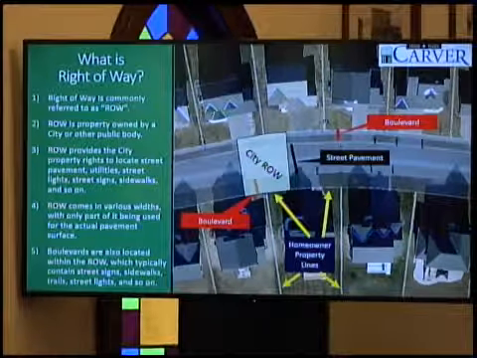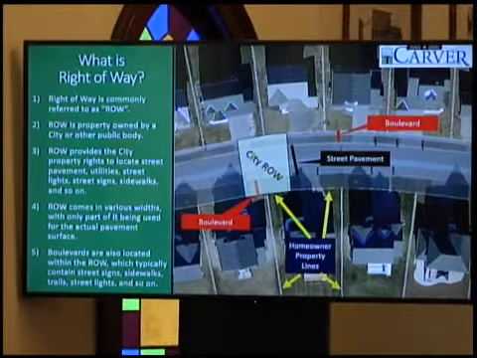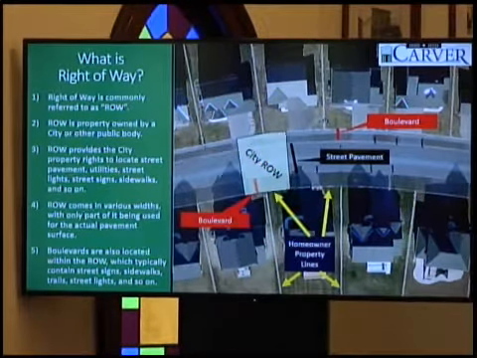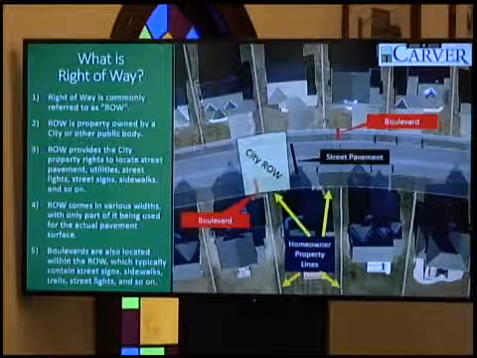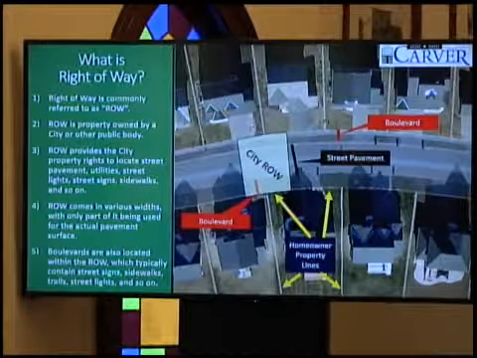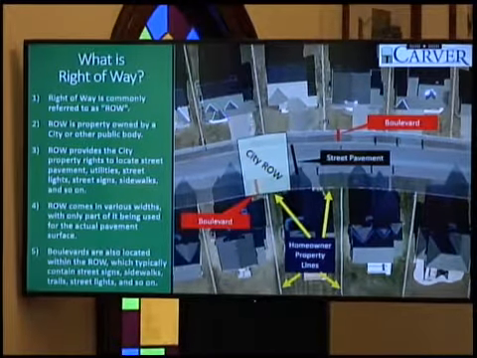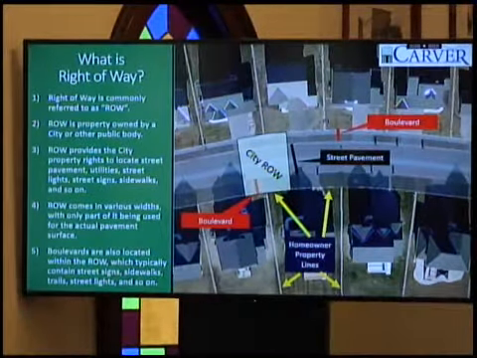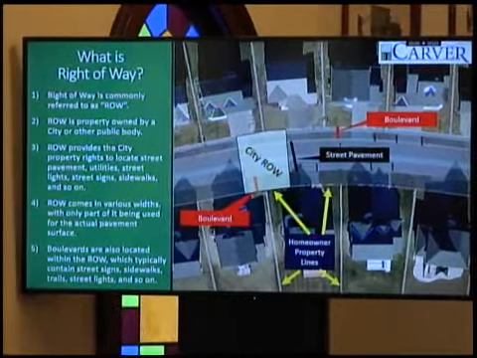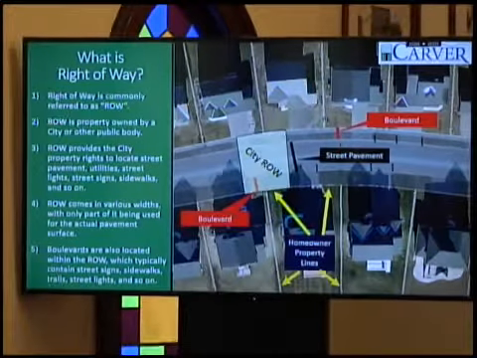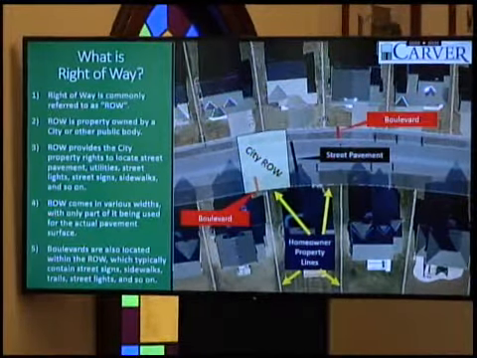In most cases, it's about 10 feet from the back of curb is where the right-of-way ends, but that can vary on the width of the right-of-way through the development, the width of the street, sidewalk placement, etc. So it's going to vary from development to development, or in some cases, street to street. The right-of-way provides the city the rights to locate street pavement, utilities, street lights, street signs, sidewalks, and so basically all the functions of that.